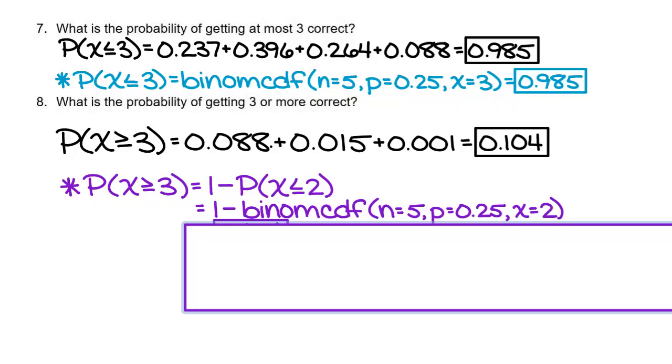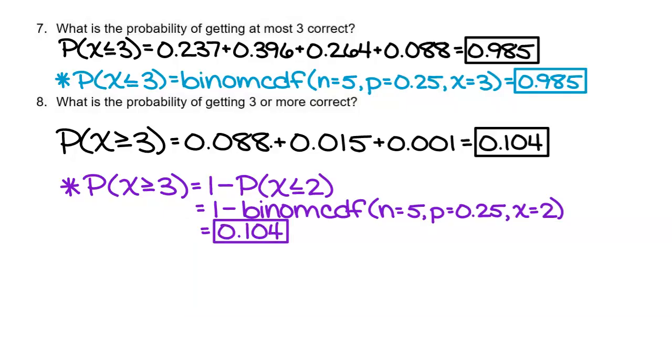And you can type it in just like it looks there. You can do the 1 minus and then do the binom CDF right on the same screen. You don't have to wait and do the minus part after you calculate this. You should get the exact same answer, or relatively close.